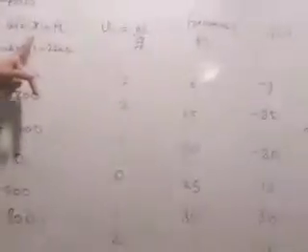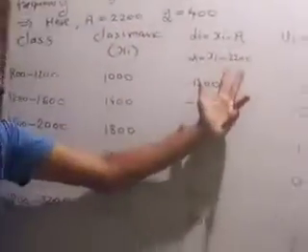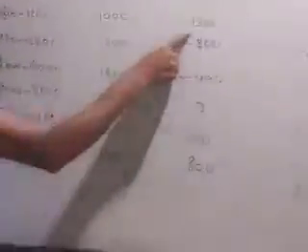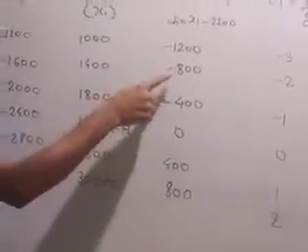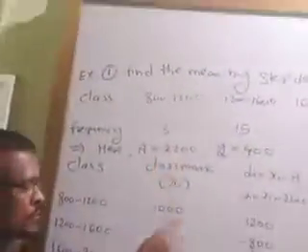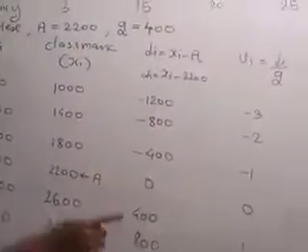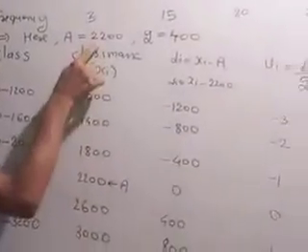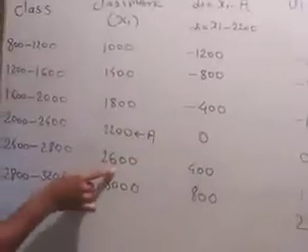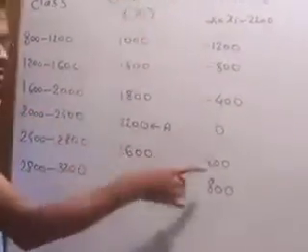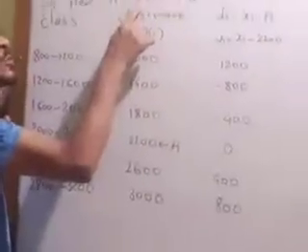Di means xi minus A, so di equals xi minus 2200. 1000 minus 2200 is minus 1200. Next minus 800, next minus 400, multiples of 400. 2200 minus 2200 is 0. 2600 minus 2200 is 400. 3000 minus 2200 is 800. Up to this, you can do these three columns in the second method also.